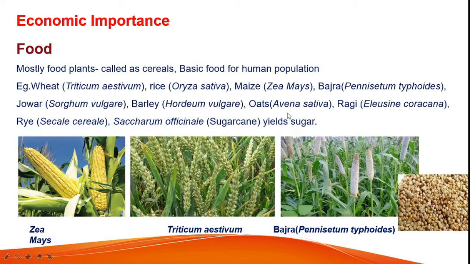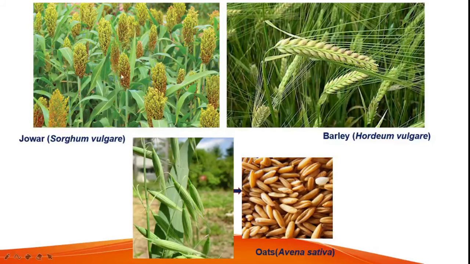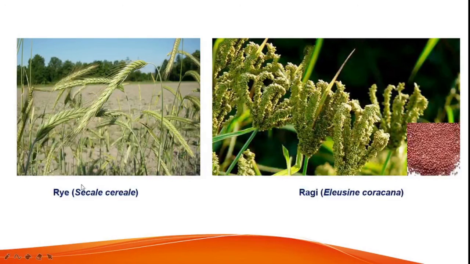Ragi, Eleusine coracana. Rye, Secale cereale. Saccharum officinarum, sugarcane, yields sugar. You can see here the maize, Triticum aestivum, Bajra, Jowar, Barley, Oats, then rye and Ragi.